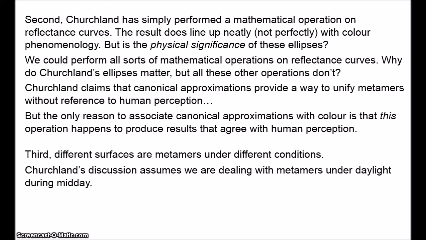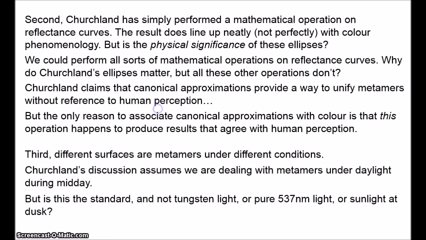So what unifies metamers are canonical approximations, and we track canonical approximations under daylight. But the question is, why exactly should daylight during midday be taken as standard? Why not tungsten light? Why not pure 537 nanometer light? Why not sunlight at dusk or dawn? In these cases, the metamers will be different, so Churchland's method of unifying metamers will be less effective in these conditions.